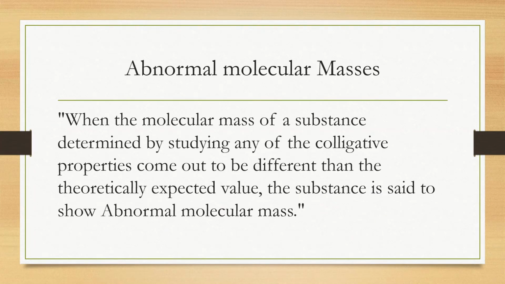Thus, when the molecular mass of a substance determined by studying any of the colligative properties comes out to be different than the theoretically expected value, the substance is said to show abnormal molecular mass.